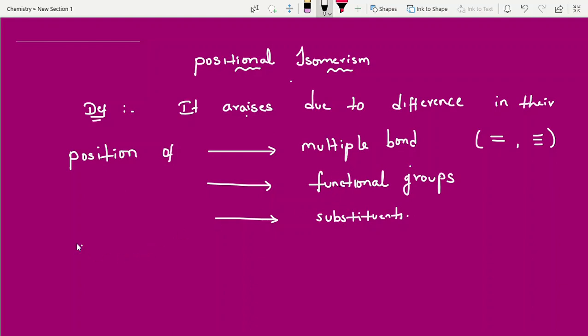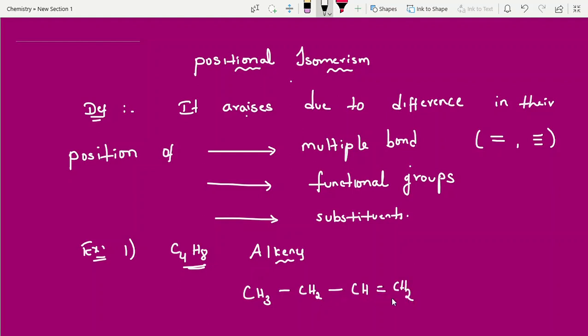First example. Example 1. C4H8 molecular formula. With this we have to write alkenes. C4 means how many carbons, students? What is the root word, students? Yes, that is but. Right? 4 carbons I have arranged like this.